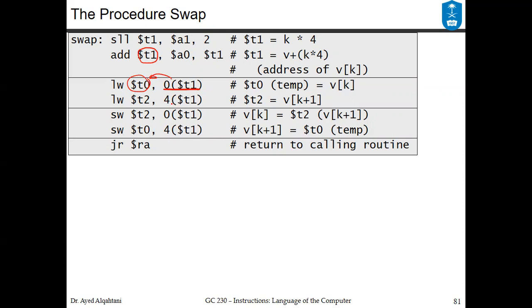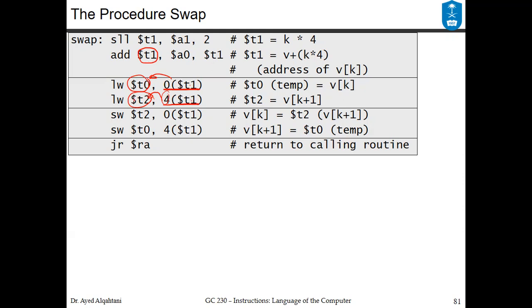Similarly, for v[k+1], since we used 4 more bytes in the offset, you load this into another temporary register. We used T2. Notice that we are using T1, so we jumped over it so we don't confuse ourselves.